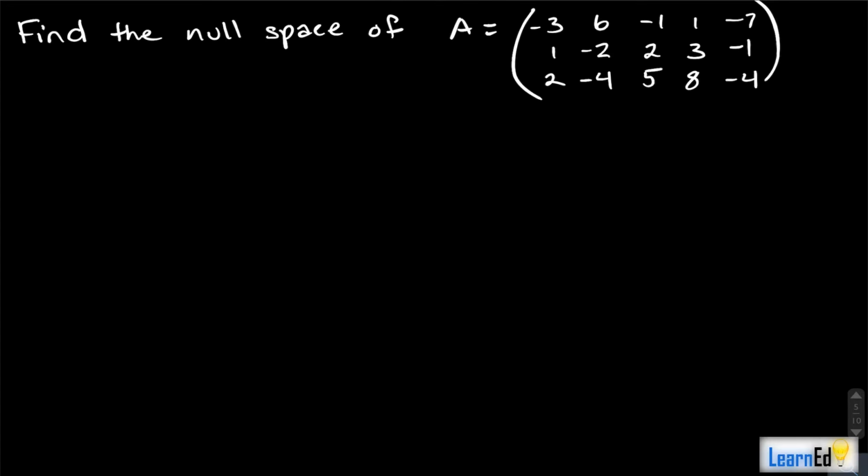So how we're going to find this actually is we're going to have to row reduce here. And so I'm going to start off by just swapping rows, because I want to get that 1 in the first pivot, because that's just going to be a lot easier to deal with.